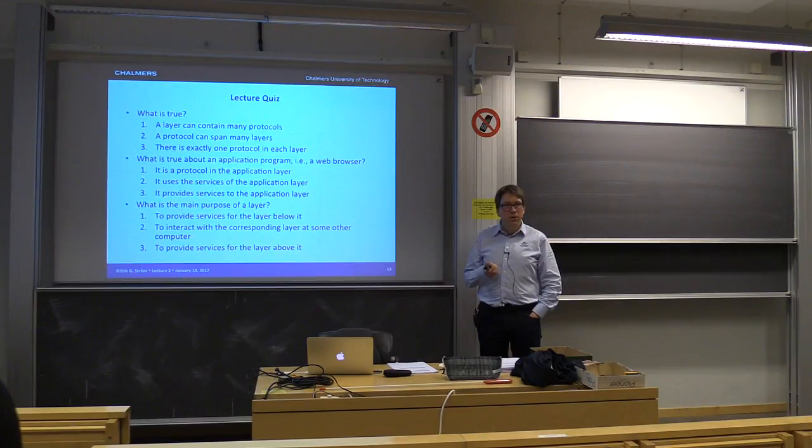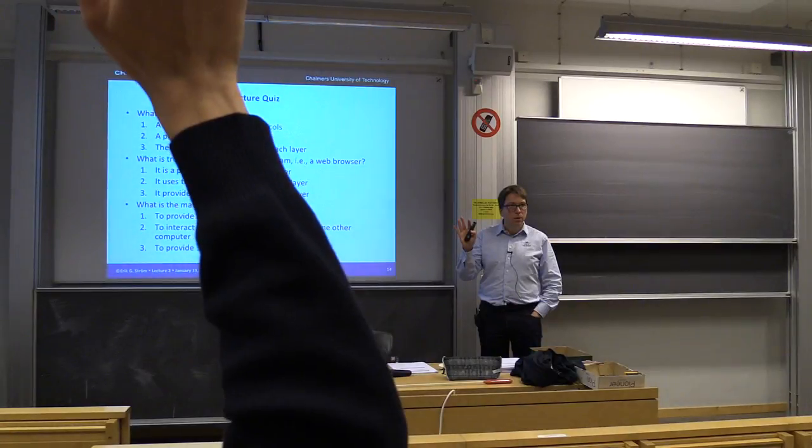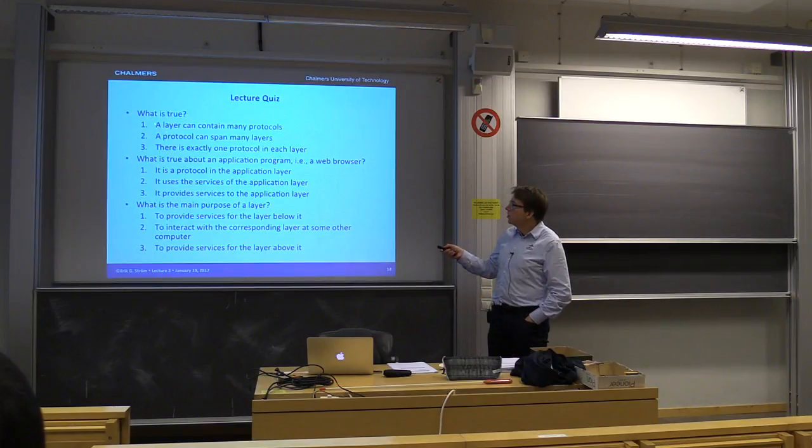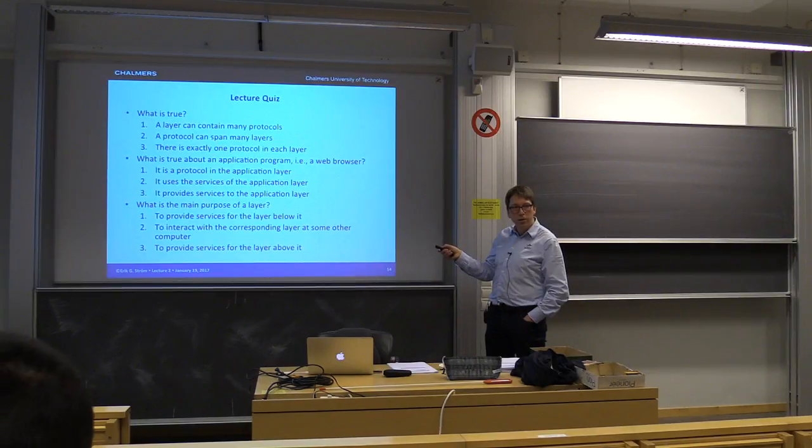Okay, it's only 6 seconds. So who's for number 1? Who's for number 2? And who's for number 3? Excellent. So a layer can contain many protocols, but a protocol does not go in other layers. It stays in its layer, and there could be many protocols per layer.